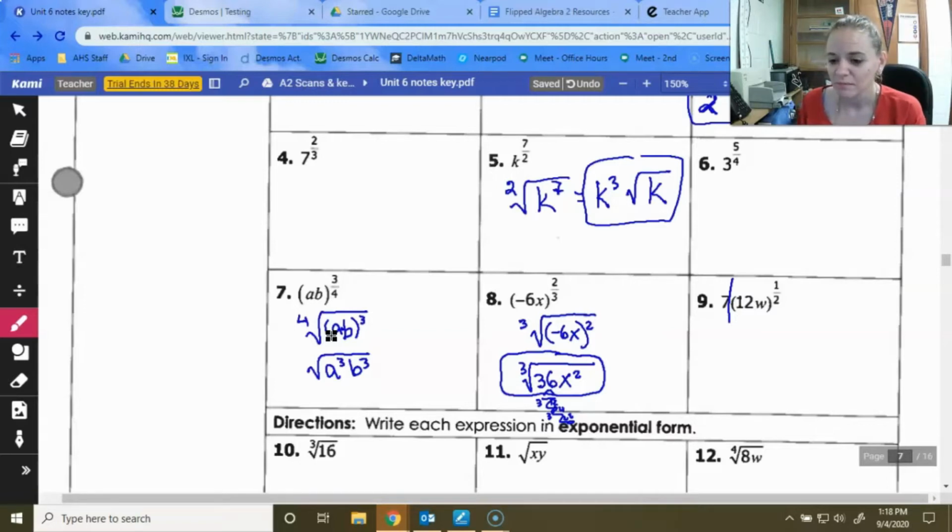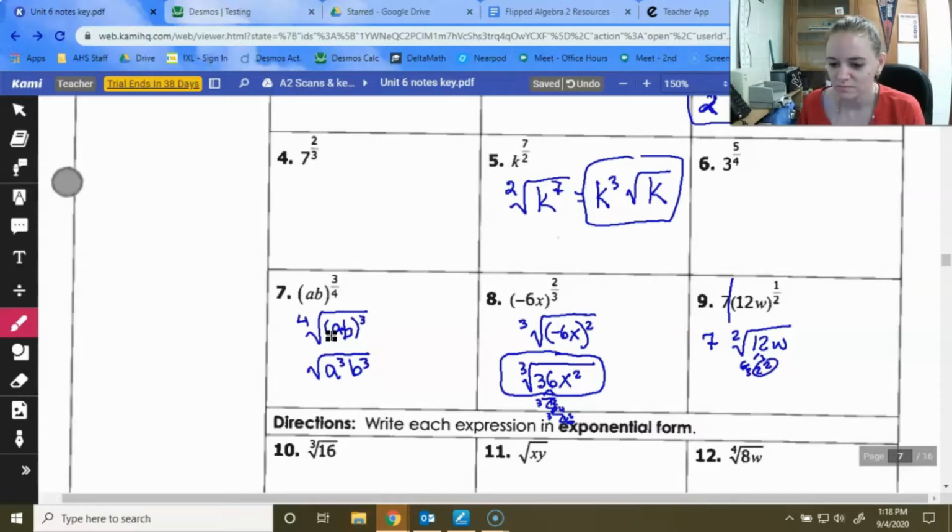Okay. So what we would do is keep the 7 out front and then rewrite this. And since there's a 1, we don't have to put the 1, so just leave it like that. 12 will have some values, and that was what? 6 and 2, and then the 6 will become a 3 and a 2. So yeah, we have a pair of 2s.